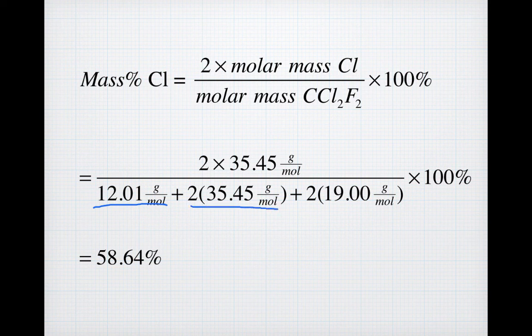I have 2 chlorines at 35.45 grams per mole, and I have 2 fluorines at 19 grams per mole. So we work out that math times 100%, and we find that this compound is 58.64% chlorine by mass. So the chlorine atoms in this compound make up 58.64% of the mass of this compound.